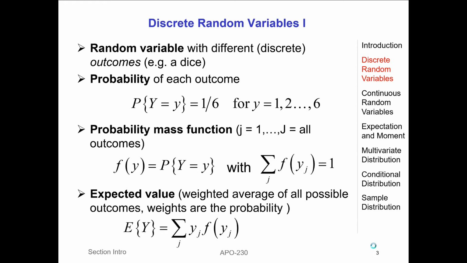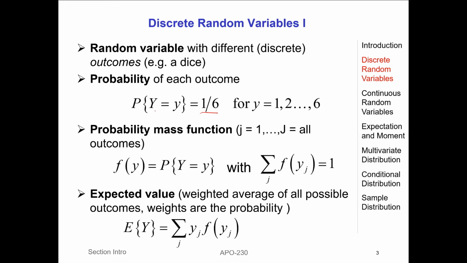Now let's look a bit at the notation. For example, here is the probability for the dice experiment. Throwing a die is a random variable. The probability of each outcome is equal to 1/6. So at the end, all the probabilities of these possible outcomes sum up to 1, right? That you know already.